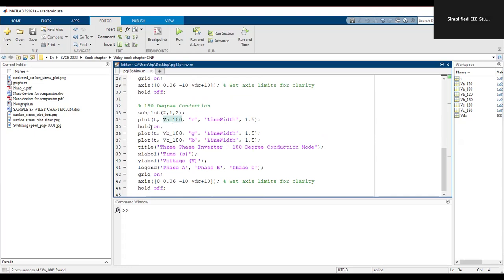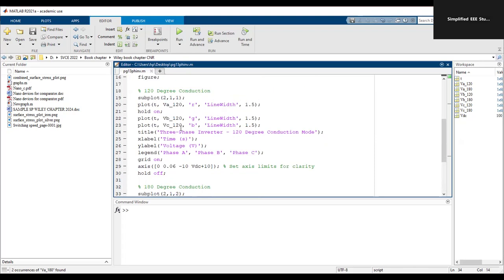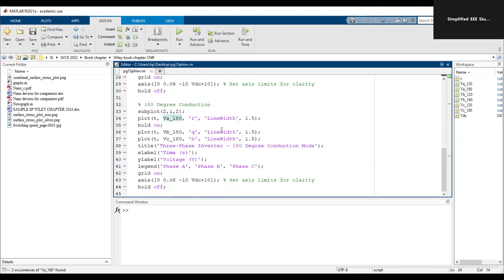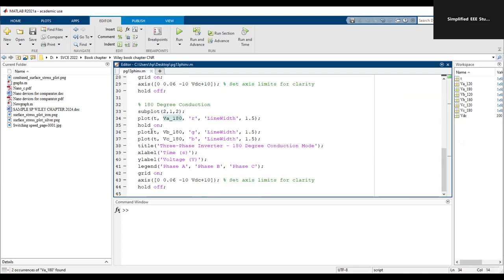Here I'll be using the same condition as that of the 180-degree conduction. I'll be plotting the waveforms of 120-degree conduction as well as 180-degree conduction. So these are the major important lines of the program. You can use different variables. There is no problem. So have a look at this.